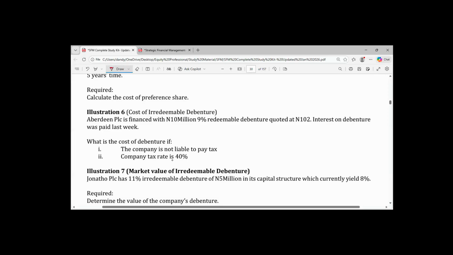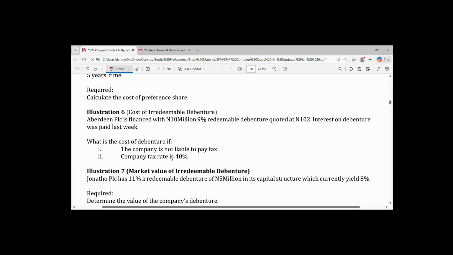And the cost of redeemable preference share is computed simply as internal rate of return, meaning that anytime you want to compute cost of redeemable preference share, just go ahead and calculate internal rate of return. We had an example to demonstrate how to estimate cost of redeemable preference share.